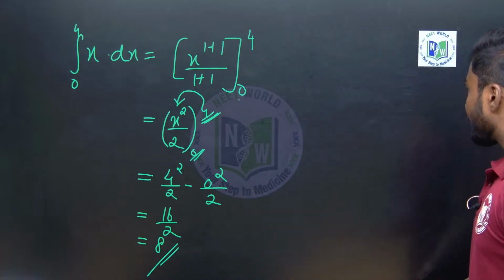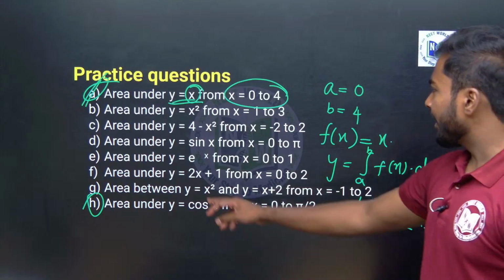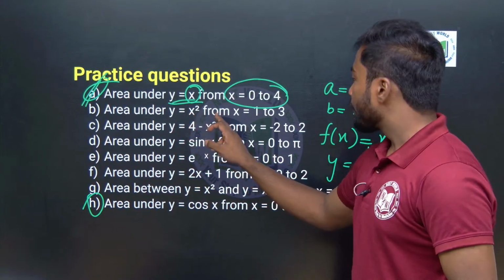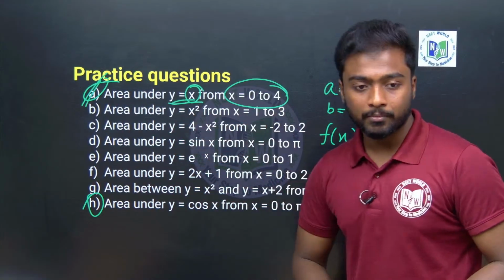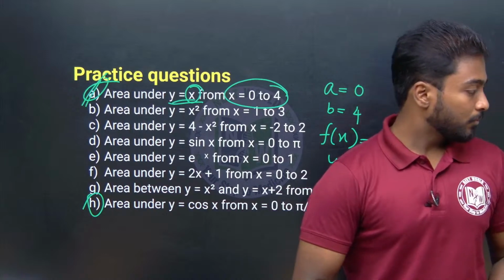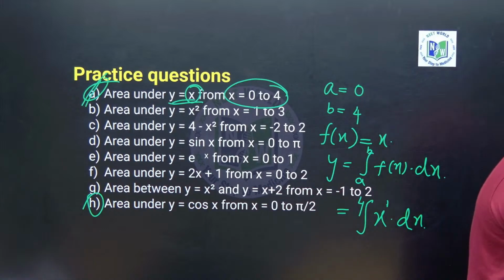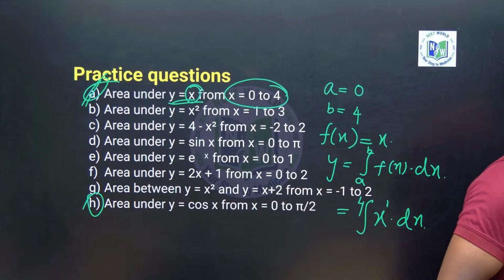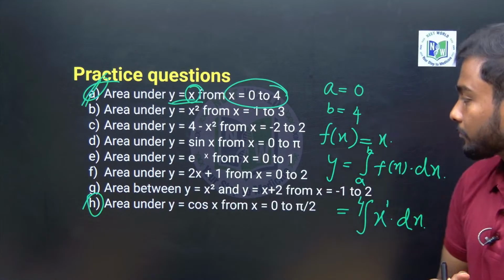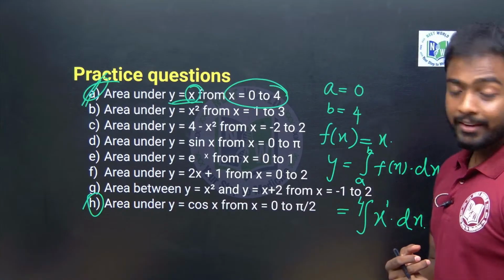So try to answer the second question now. Area under y is equals to x square from x is equals to 1 to 3. Do it now. Whoever is watching online can give the answer in the comment boxes.